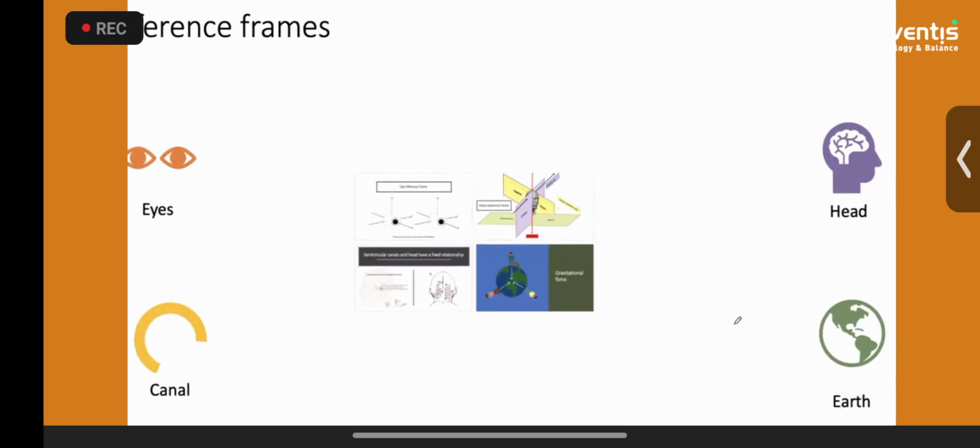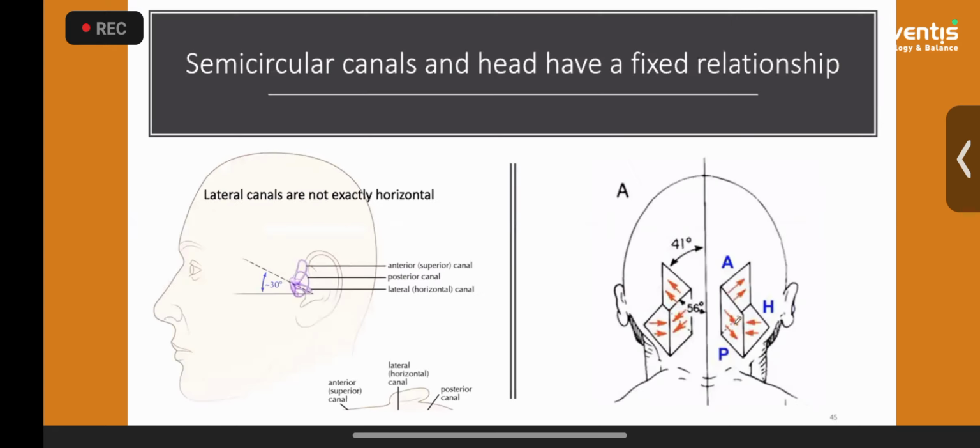And the canal reference frame is similar to the head reference frame, but the canals are not exactly in the plane of sagittal plane. For example, the horizontal canals are not exactly horizontal. It is making an angle of 30 degree.